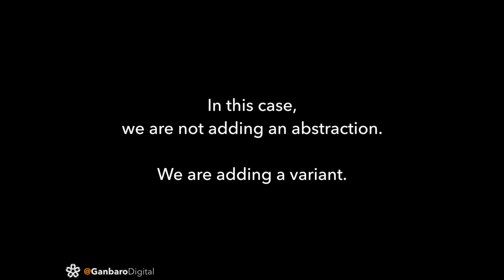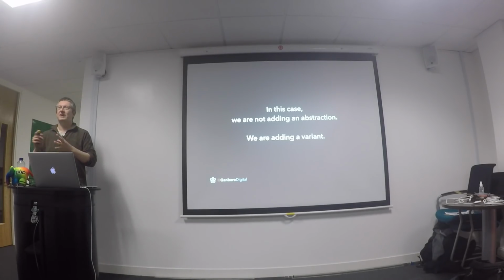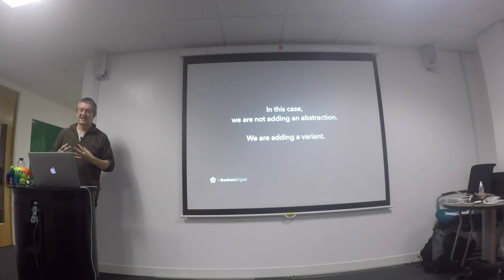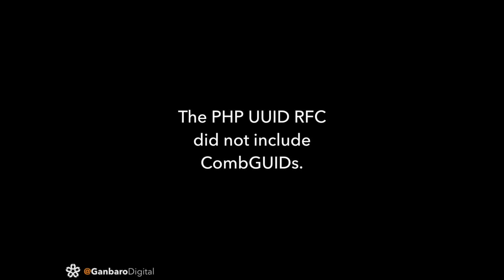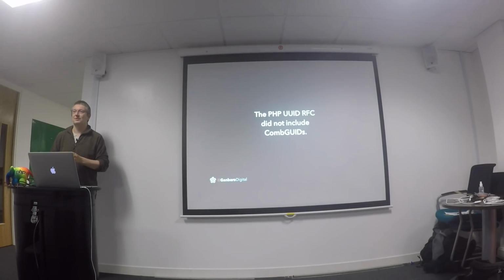It isn't, I would argue, because when we're hiding what type of ID scheme we're using, we're abstracting it away, and the decorator pattern's there for abstraction. But what we're doing here is creating another form of ID, and that's a variant. Now, it's not a surprise that the PHP RFC didn't include support for comb GUIDs out of the box, that they didn't have these schemes available and implemented as part of the RFC to submit to core.